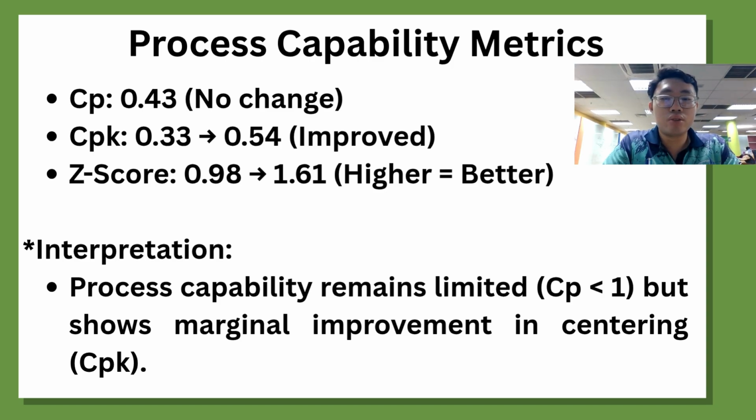While for the Z score, initially it is 0.98, now it is getting better because the Z score is higher, from 0.98 to 1.61. So we can interpret that the process capability remains limited since the CP value is less than 1, but it shows a marginal improvement in centering, CPK.